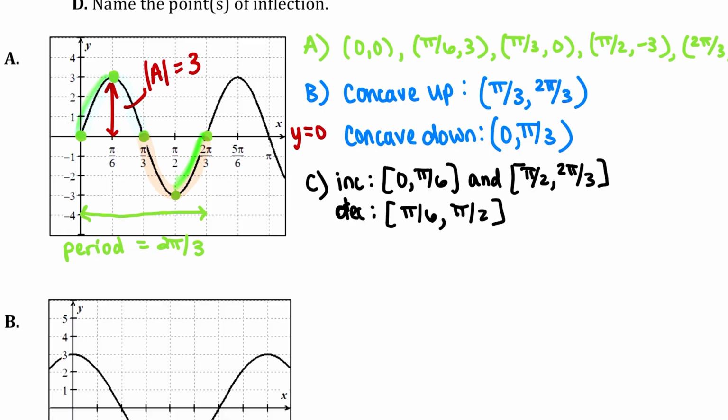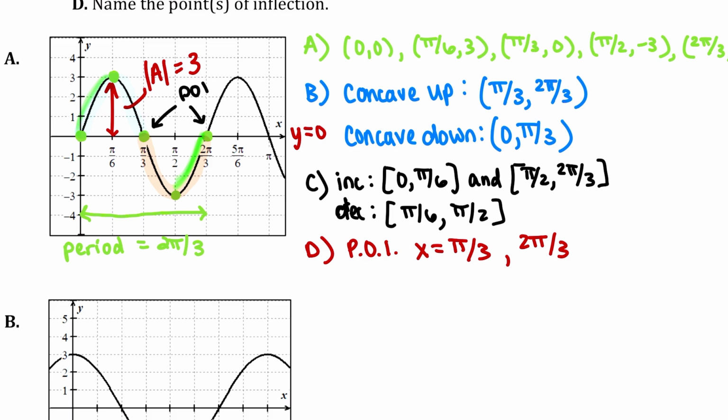We have pi over 3 and 2 pi over 3. So these two are our points of inflection. Our points of inflection are going to be x equals pi over 3 and then 2 pi over 3.